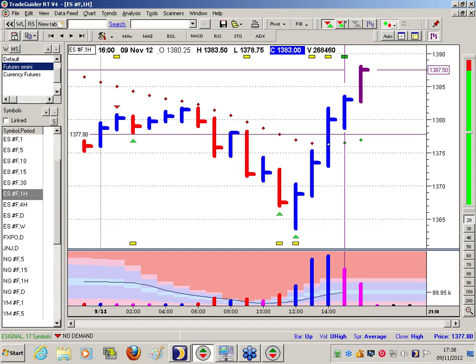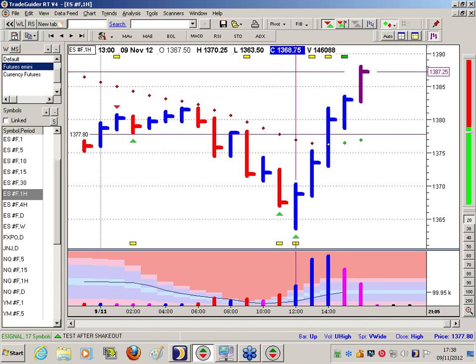But nice move. Now, what's interesting with this current move we're looking at here is there's not a lot of calls down here. If you follow what we teach, for a substantial move to happen, you have to have a cause.